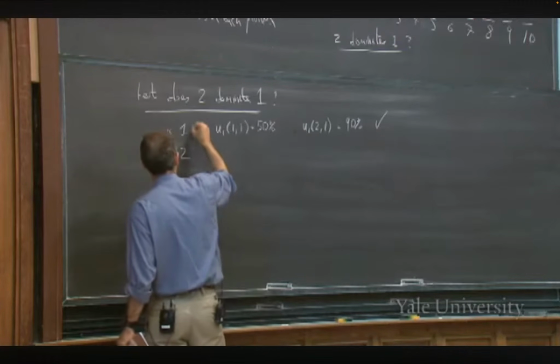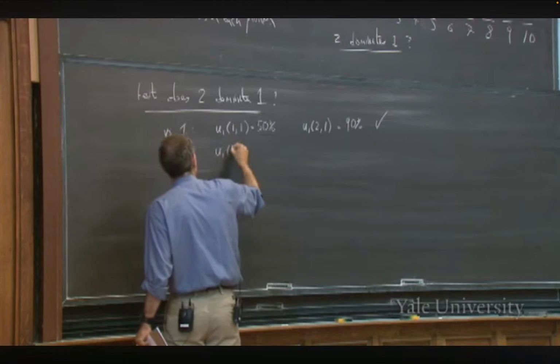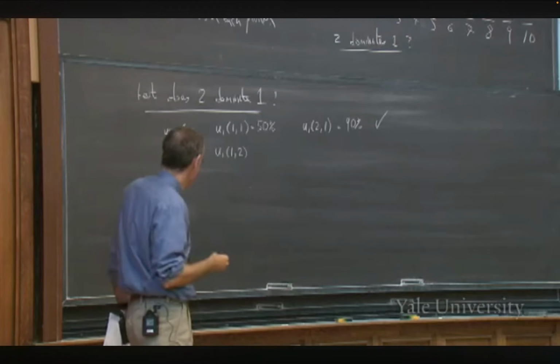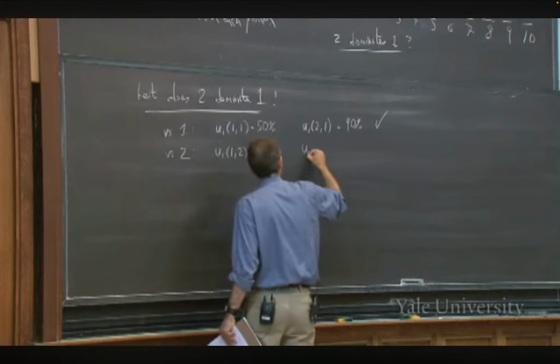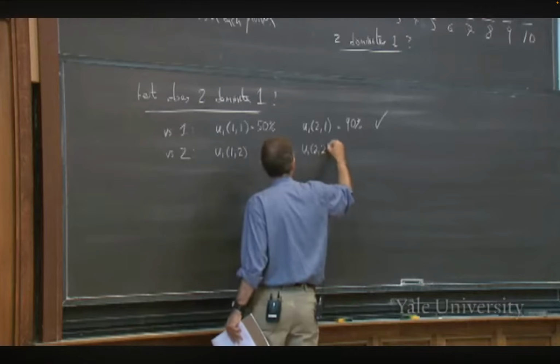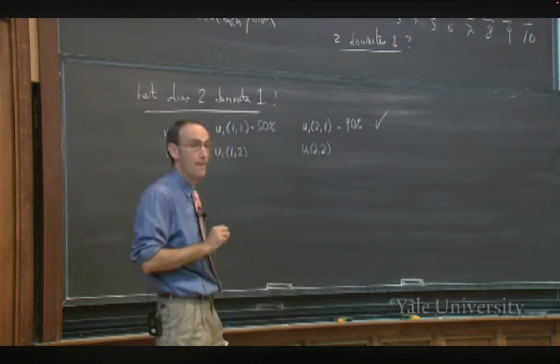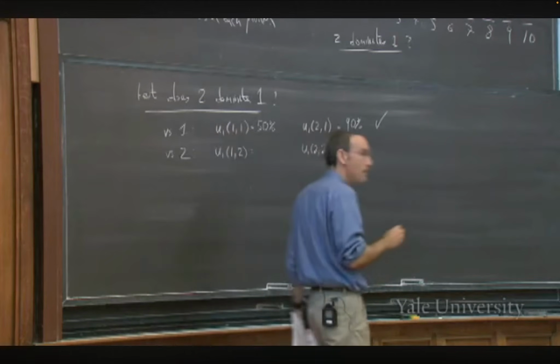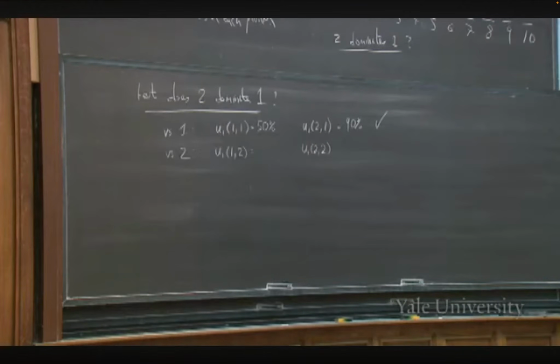So suppose my opponent chooses 2. Now we're comparing my choosing 1 when my opponent chooses 2, and the payoff I would get if I choose 2 when my opponent chooses 2. What's my payoff if I choose 1 and my opponent chooses 2?